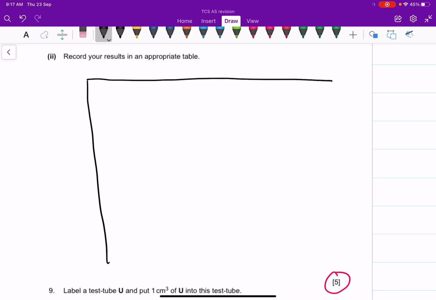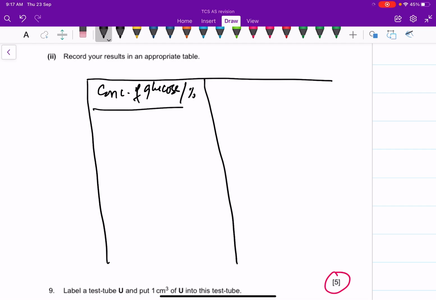In this case, the independent variable is the concentration of glucose. We should put a backslash and write percentage concentration. So this is percentage concentration, and then the time taken to reach the end point.